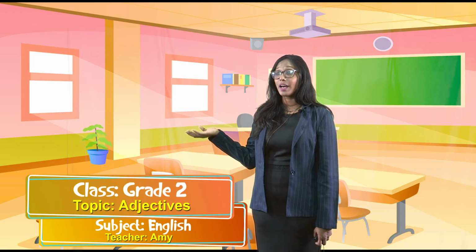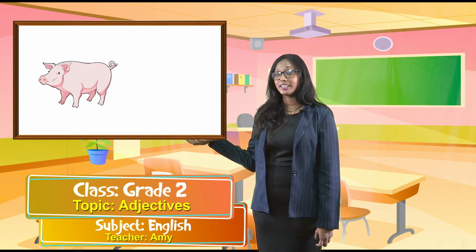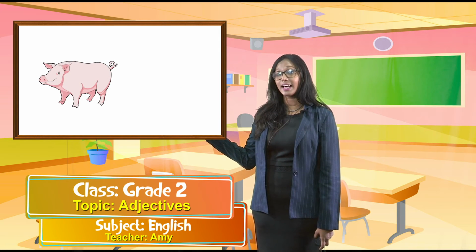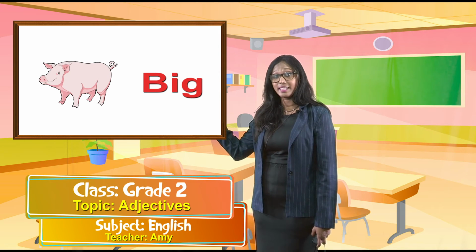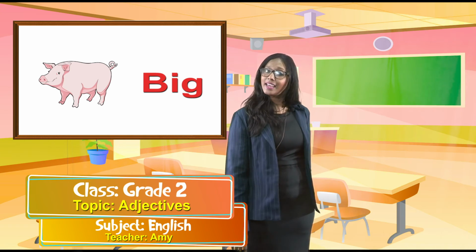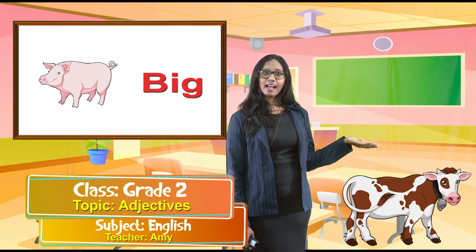Now, take a look. We have a pig. And we can say that the pig is big. This pig is big. And then we see Daisy the cow.